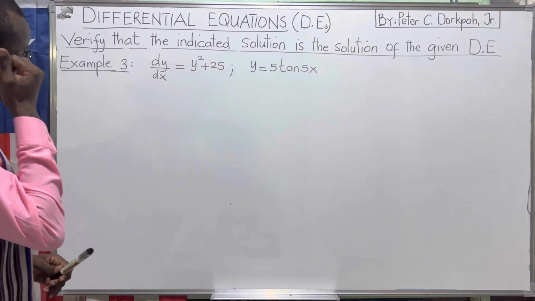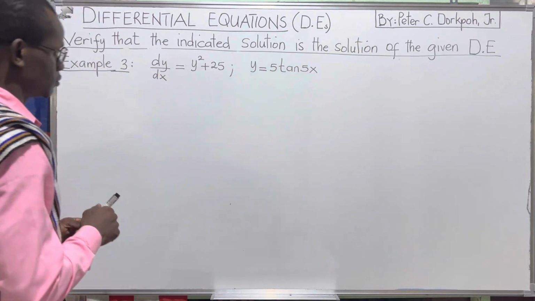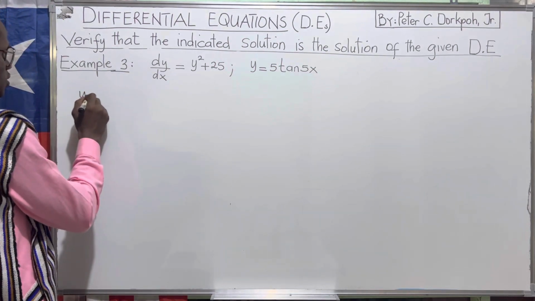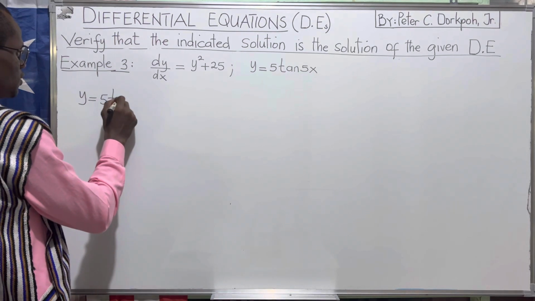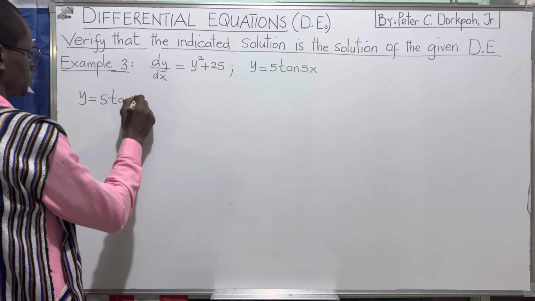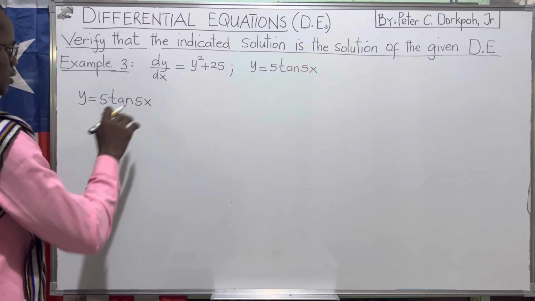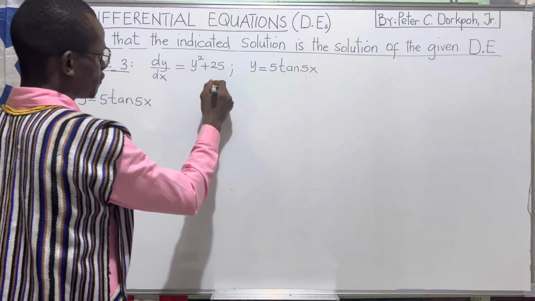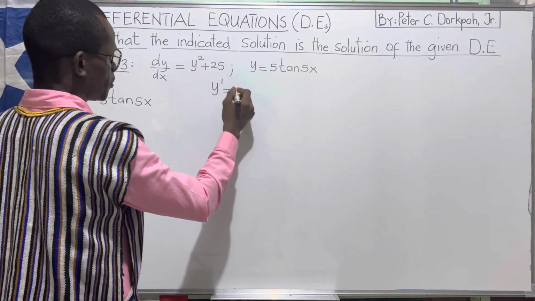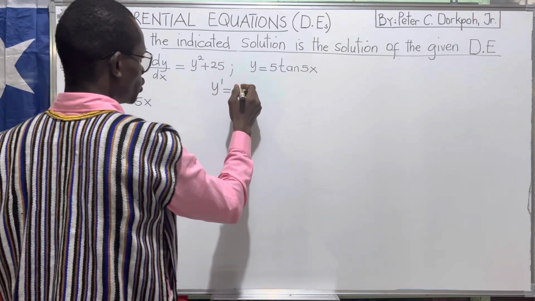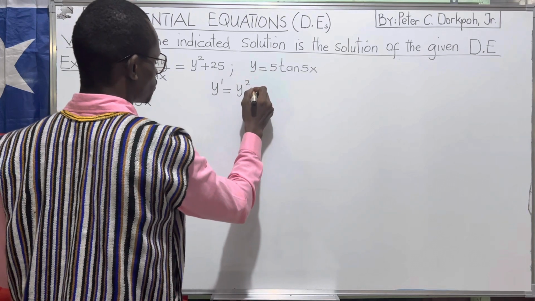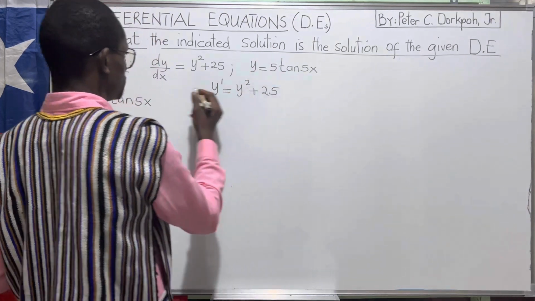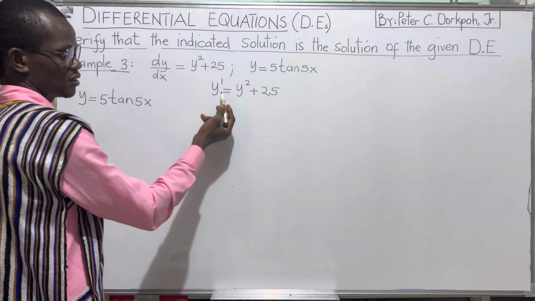So to do that, we take the solution, y equals 5 tangent of 5x. In this problem, we only have y prime equals y squared plus 25, because this dy by dx means y prime.